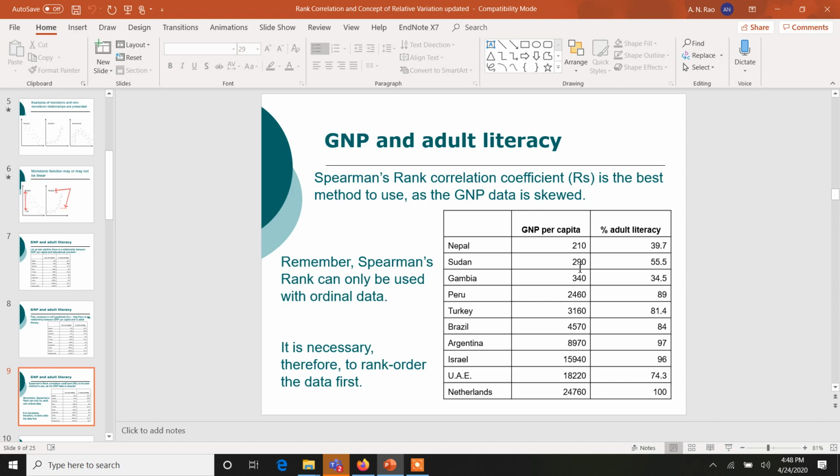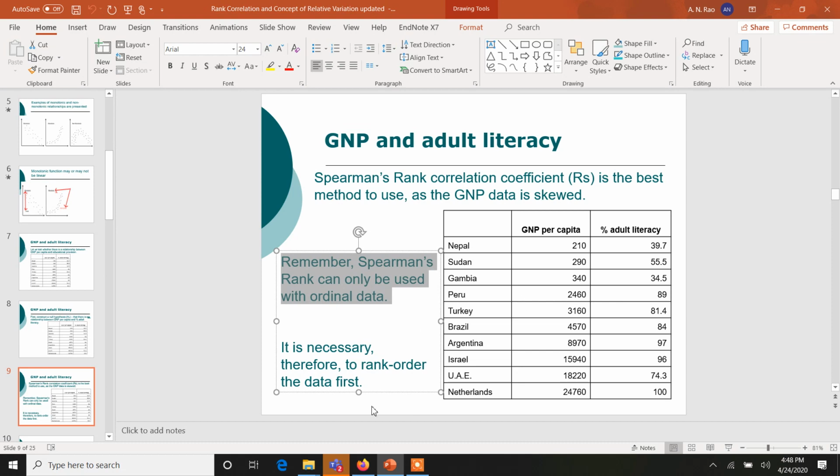You know that the Spearman rank correlation coefficient can only be used with ordinal data, or if you have ordinary quantitative data, you have to convert it into the form of ordinal, that is, into the form of ranking. How to do that?